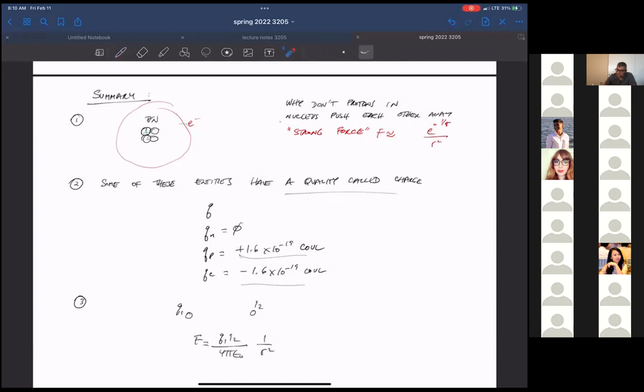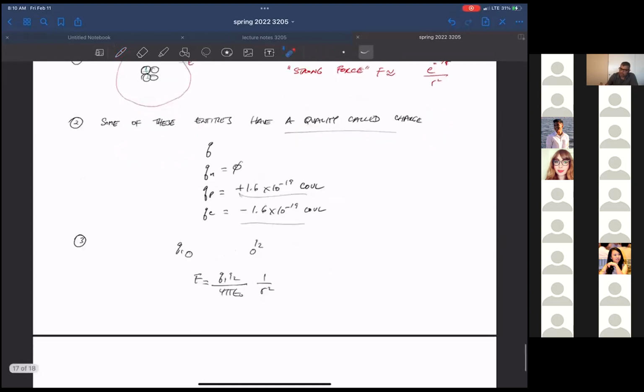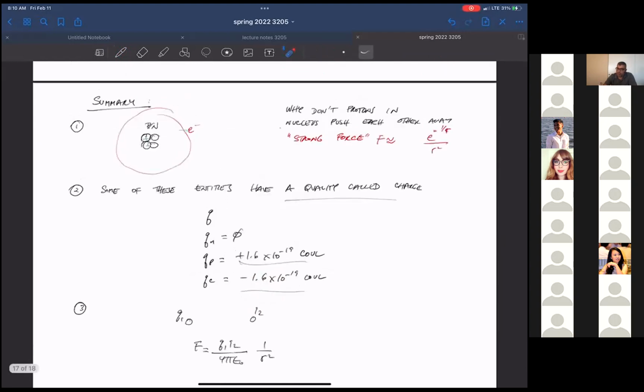So just as the electric force falls off rapidly with this 1/r², so it drops off very quickly, right? This is what this 1/r² tells you. As you move further from a charge, the force drops very, very quickly. But the strong force, which is only useful in the nucleus of the atom, drops even faster.